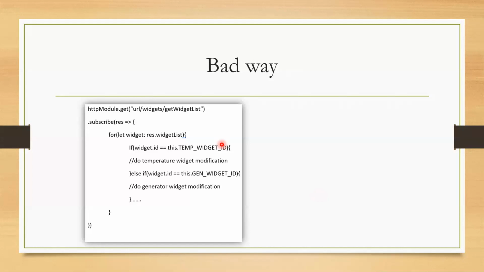If it is a generator widget, it should act as a generator widget. But in this class, it does everything, temperature widget, or any other widget. So this is violating the single responsibility principle. Do you understand that?